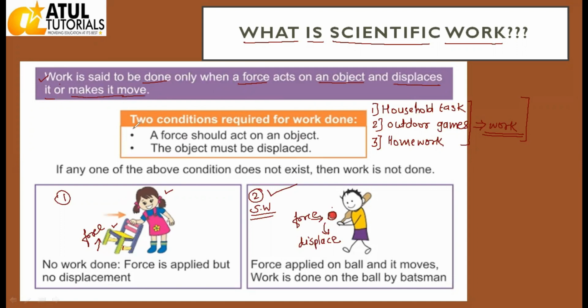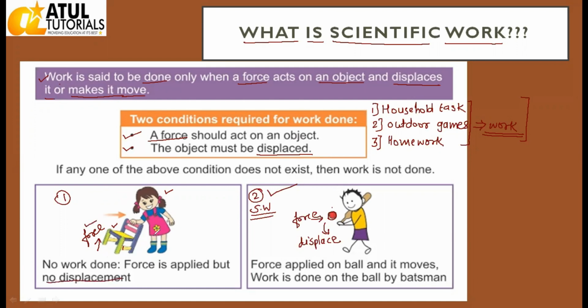That means these two conditions are required for considering any task as work done. First one is force should be applied, and second one, by the application of this force, the object should get displaced. In the first example, this girl is applying force, but there is no displacement.